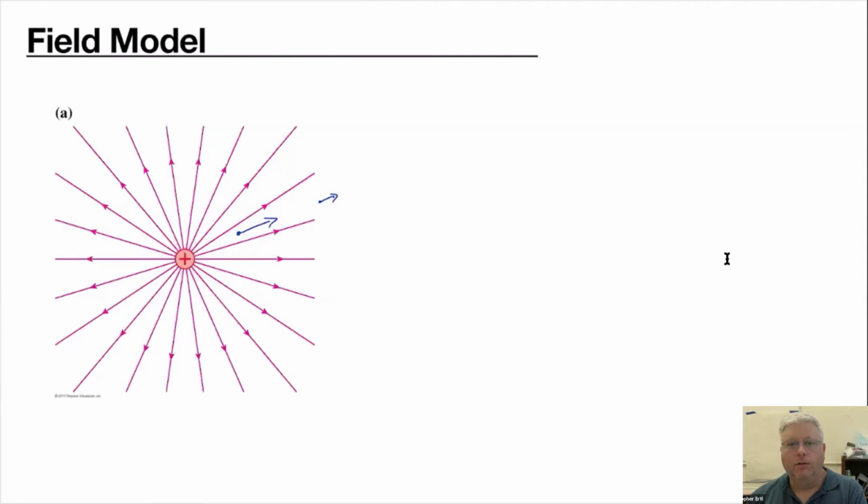And so now we can develop a field model. We see that a source charge has to create the field. Unlike contact forces, where one of the interacting objects had to be the force agent and the other had to be acted upon, the source charge is not the agent.